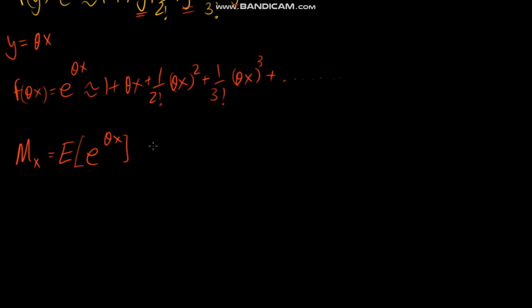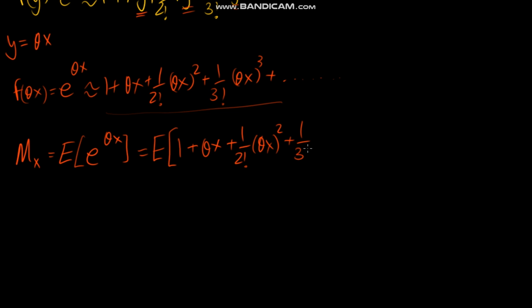This is how you compute it, but we just saw that e to the theta x can be written as a Taylor series, so instead of the expectation of e to the theta x, we can take the expectation of this right here: the expectation of 1 plus theta x plus 1 over 2 factorial times theta x squared plus 1 over 3 factorial times theta x cubed, and so on.